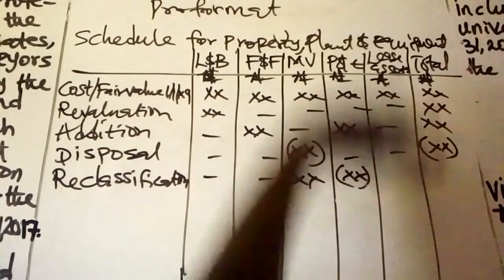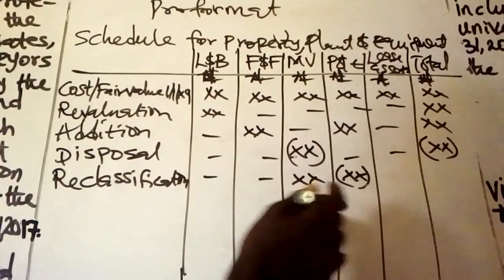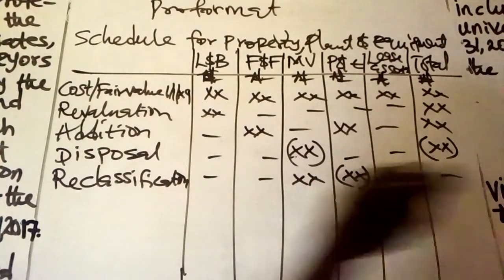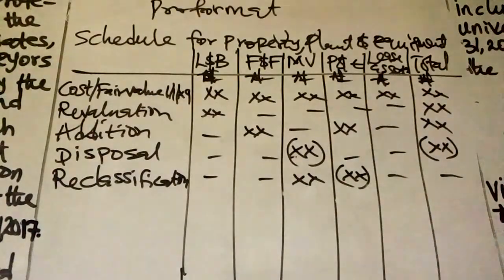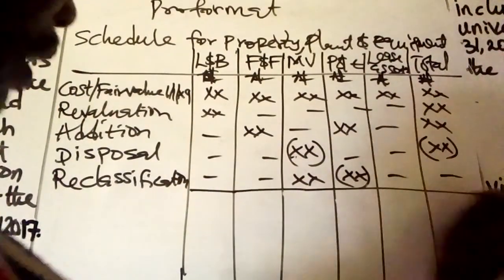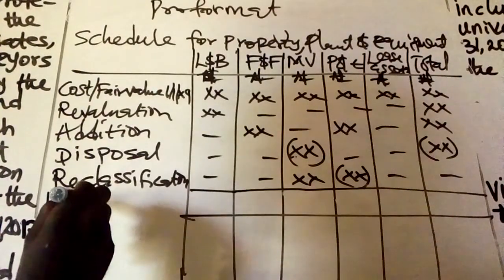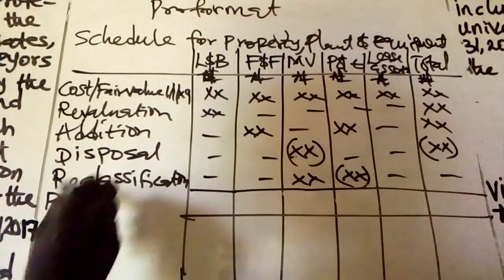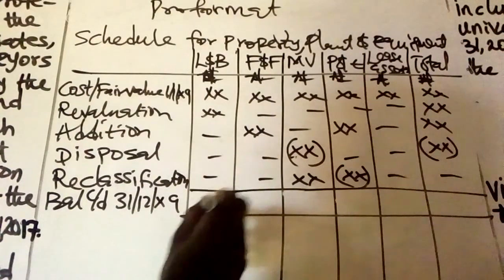Minus in plant and equipment because it goes out of it, then plus in motor vehicles because it is coming into motor vehicles. So the total will be nil because they will negate each other. Then you sum up this. You have the balance at the end of the period, balance carried down, let me say 31st of December 20x9. So you have this.